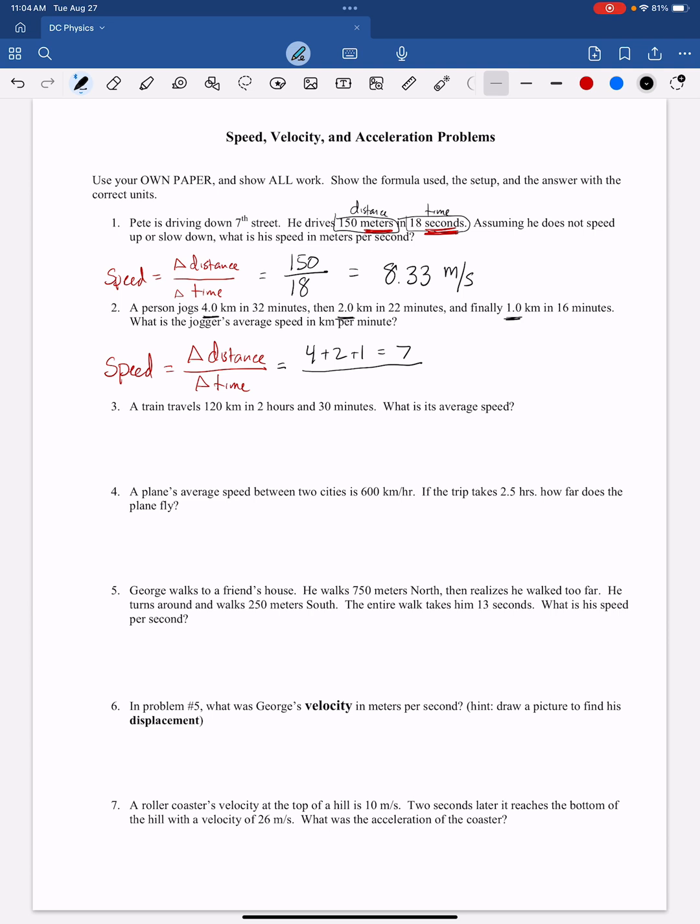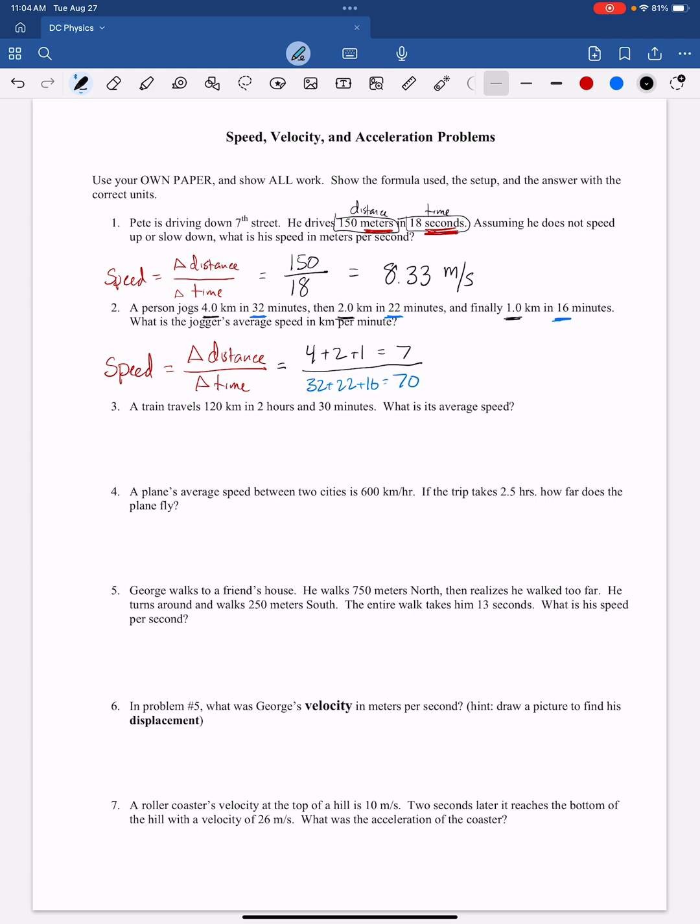In this case, and I'll highlight that in blue, I've got 32 minutes, 22 minutes, and 16 minutes. If I add up 32 plus 22 plus 16, I get a total of 70 minutes. So I've got 7 kilometers that have been run in 70 minutes.